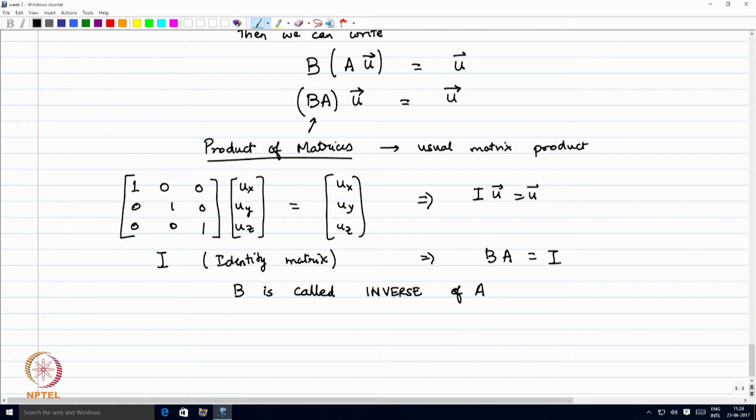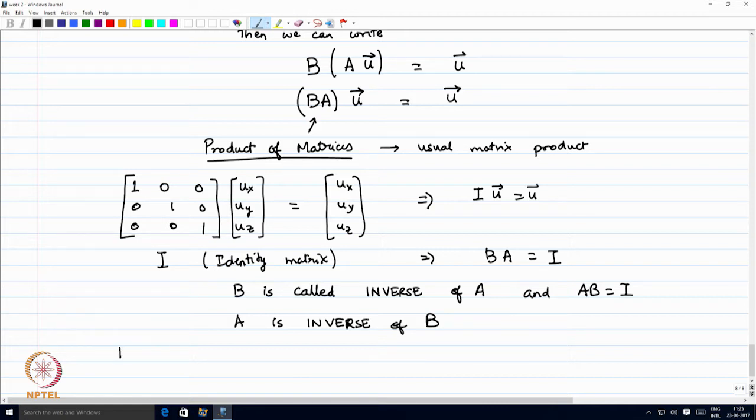And you can do this the other way also. B is called the inverse of A, and A times B is also equal to the identity. So A is the inverse of B. In other words, if B is the inverse of A, then A is the inverse of B. So this is the idea of inverse.